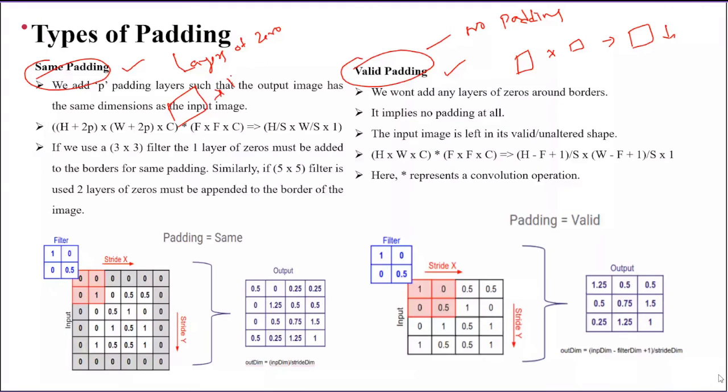If it is M cross M, then the output height and width of the activation map will also be M cross M. This is done with the help of adding layers of zeros, and that is what we call same padding. Valid padding means we are not adding any layers of zeros.